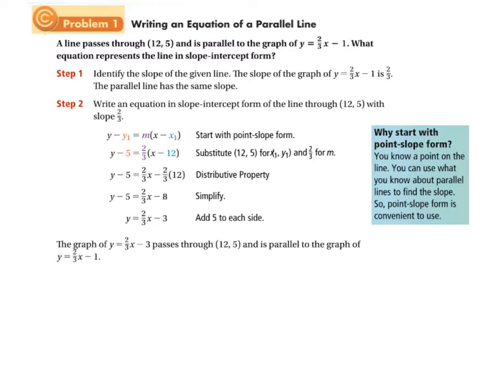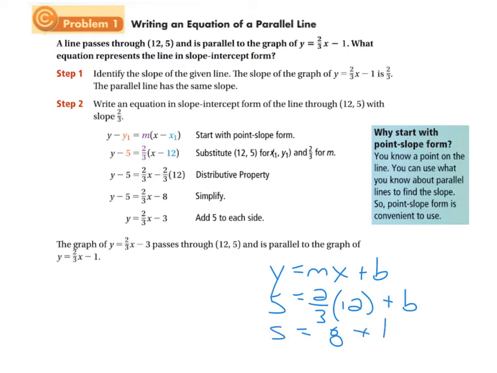Now it says start with point-slope form because you know the point and you know the slope. You could also, again, use slope-intercept form, y equals mx plus b, and then say, I want to put 2/3 for the slope, x I want to use as 12, y I want to use as 5, because those are the coordinates of the point, plus b, and then you could solve for it. 2/3 of 12 is 8. 8 equals 5 plus b.